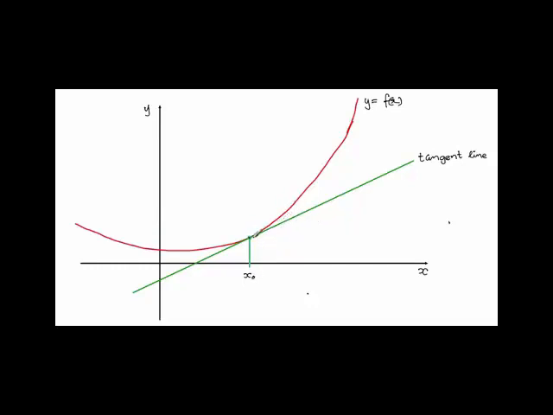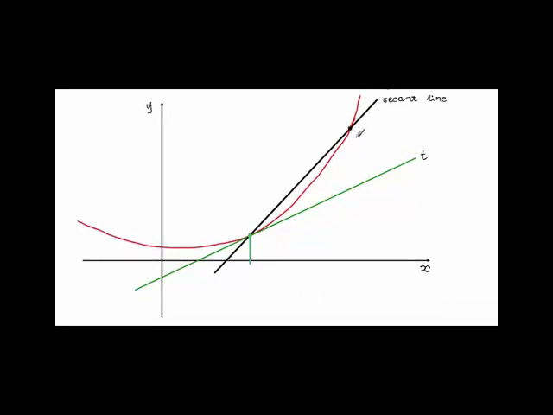Now, to approximate that slope, I think we need to do something like this. Let's say we draw a second line there between this point and another point on the curve. I think you can see now that this second line also has a constant slope and the tangent has a constant slope, but the curve still has a varying slope between these 2 points.